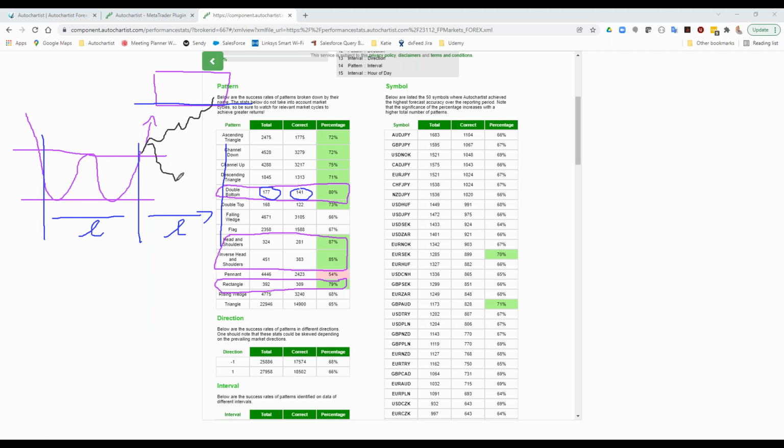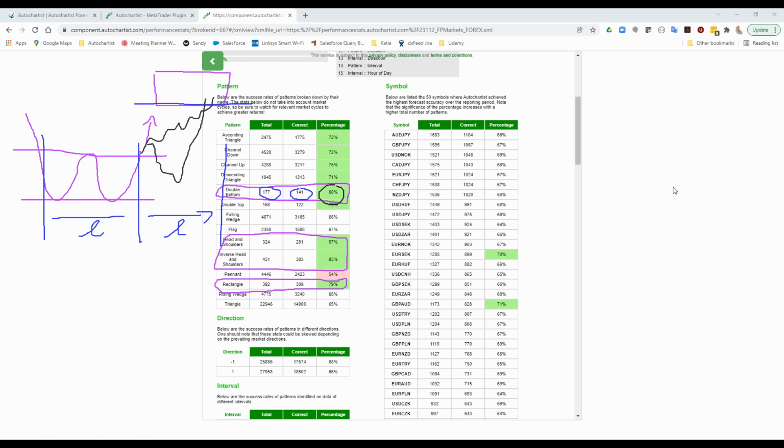Sometimes the price does this and then shoots up to hit that target level, in which case we still mark it in our statistics as a positive trade, right? A good trade. So remember what this 80% actually means. It doesn't mean that every price just went directly up to hit its target level. It means that sometime within a reasonable time after the identification, the price hit its target level.